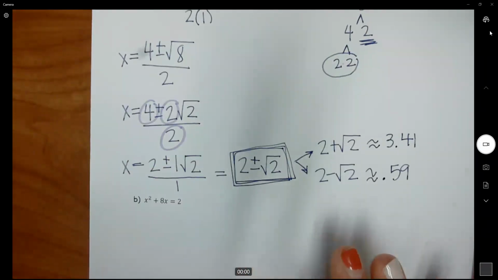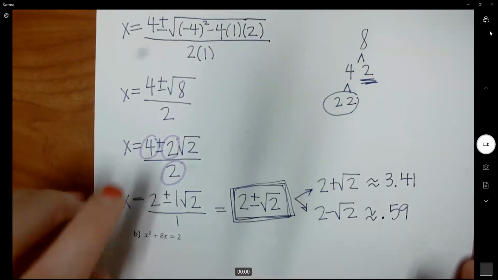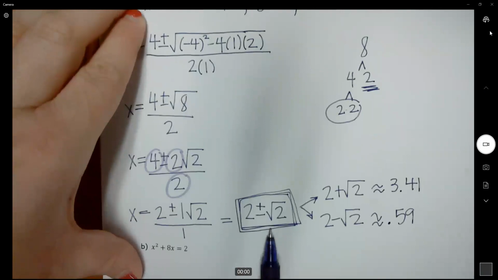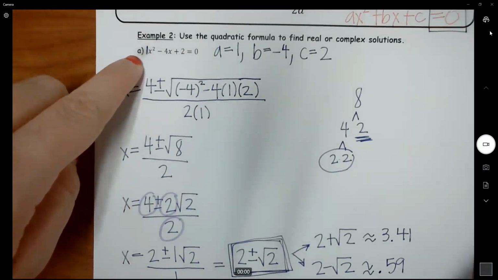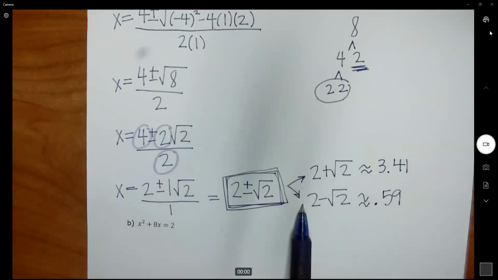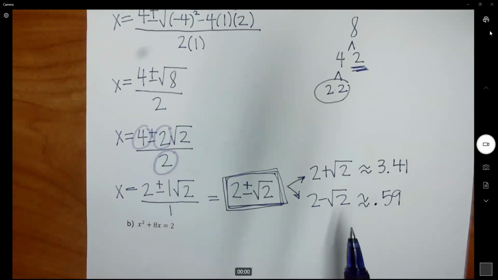This right here is why the quadratic formula is important. When I get radicals as answers, it means that this is not factorable, but I can still get solutions. And so solving quadratics by factoring limits the quadratics you can solve for because it limits it to only quadratics that are factorable.